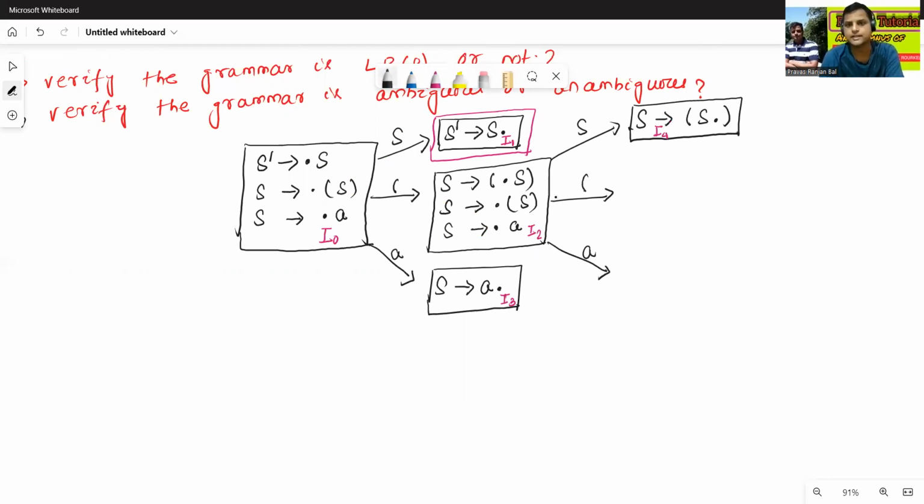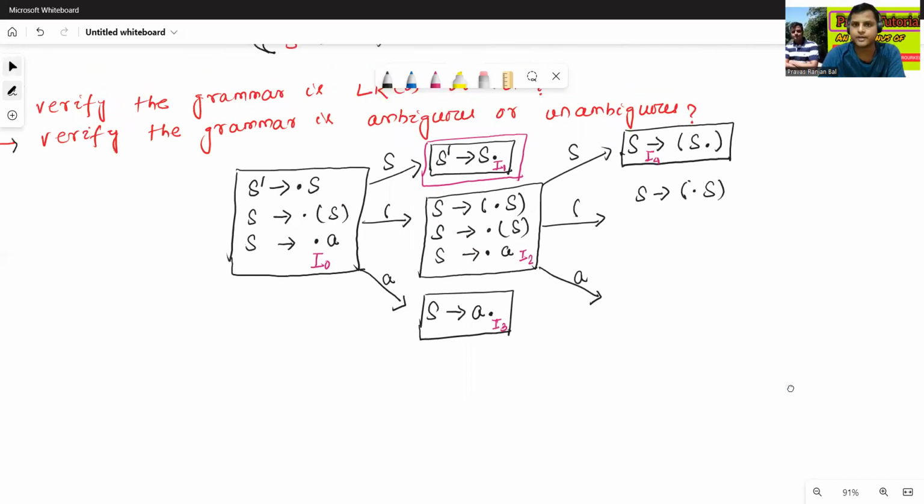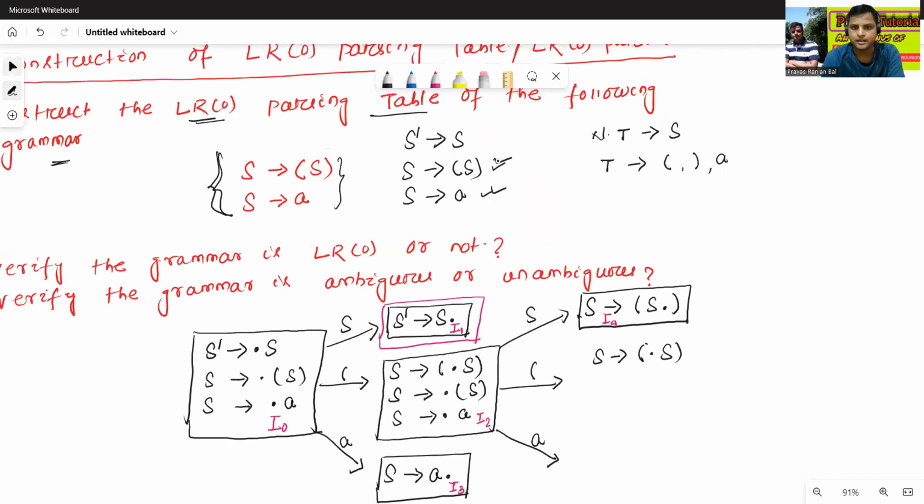Here, we'll scan open bracket. So S to open bracket dot S. Now we'll find the closure of S. What is the closure of S? This production and this production.